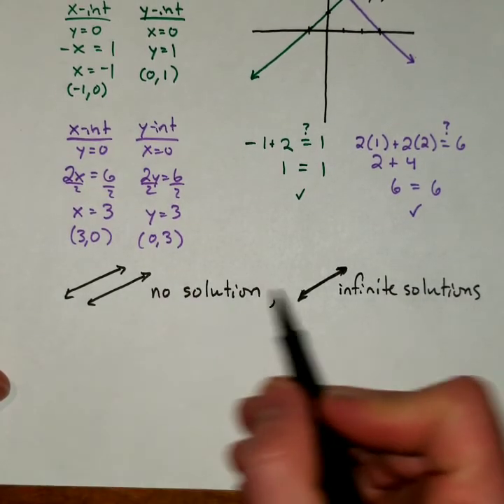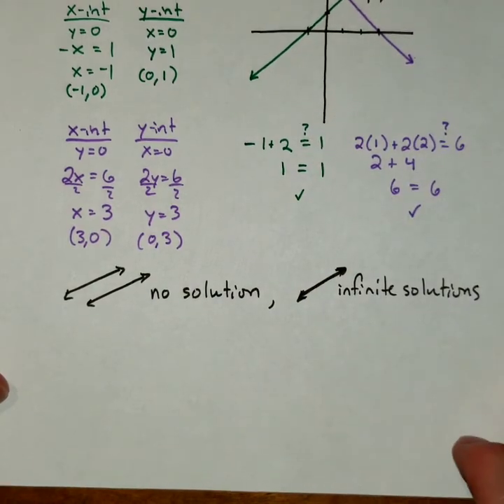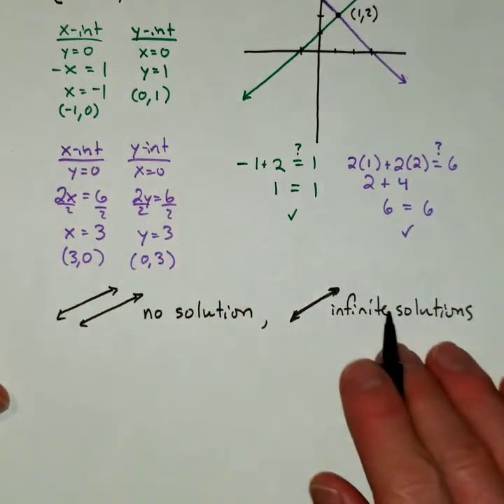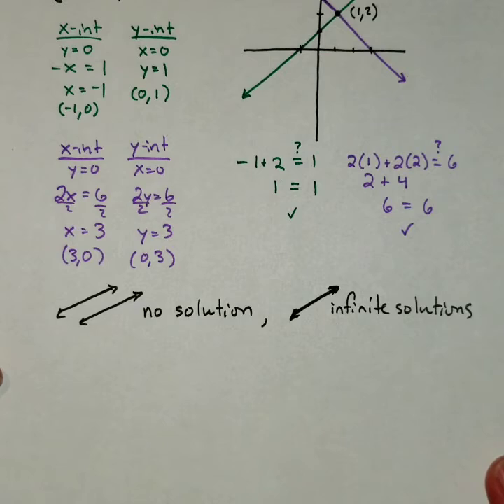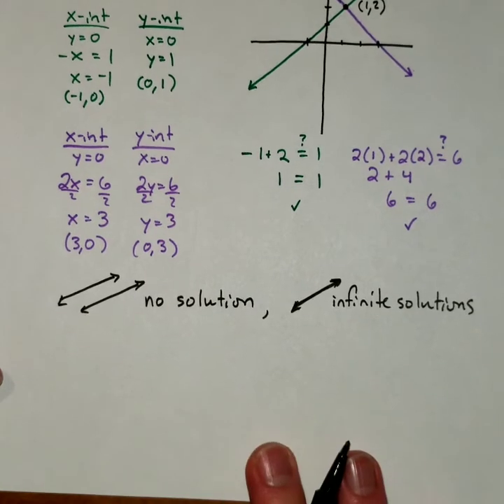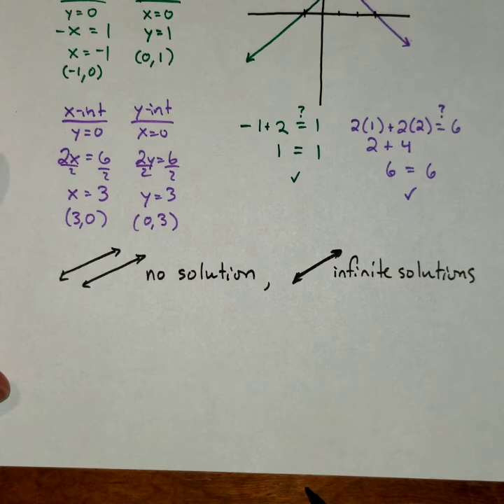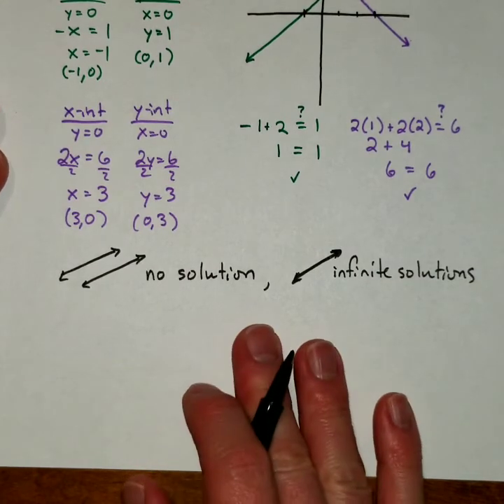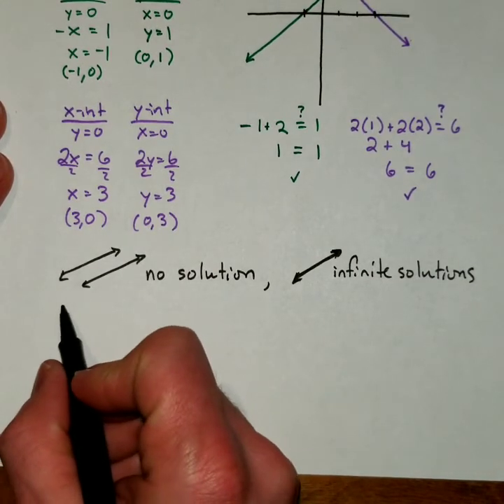And so these are the three possible situations. You can have one solution, no solution, or infinite solutions. And they all are given different names. So I'm going to go through and define what different terms are for each of these. First of all, we have something called a consistent system.